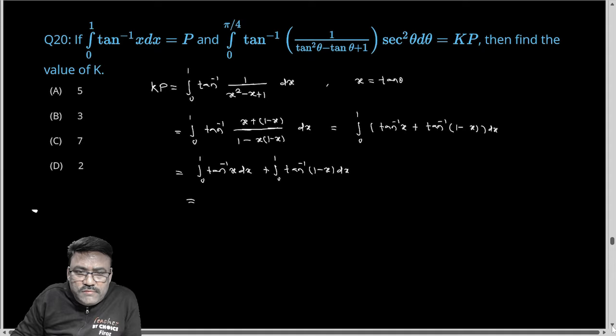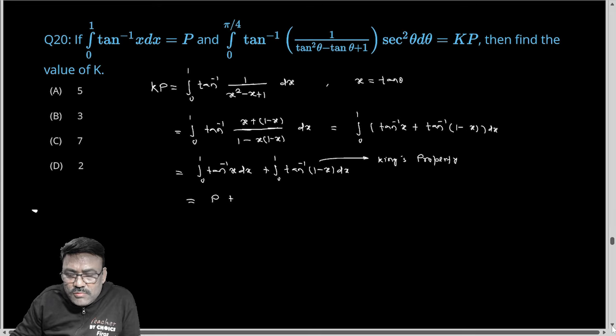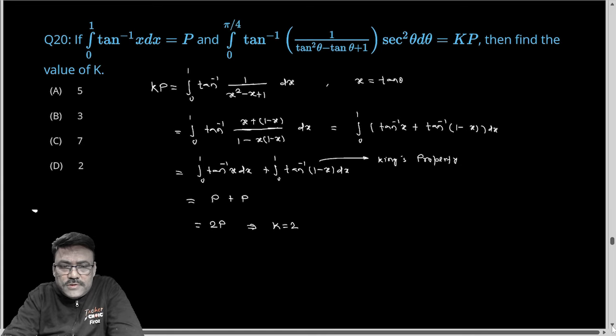Now this integral, 0 to 1 tan inverse x dx, is P. And in this second one, if you use King's property, means replace x with 1 minus x, it also becomes 0 to 1 tan inverse x dx, the same integral, so it is also P. So it is 2P. Hence K will be 2. Right, option D is the correct option here.